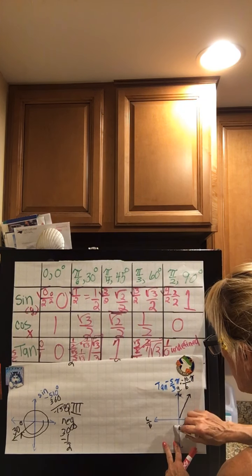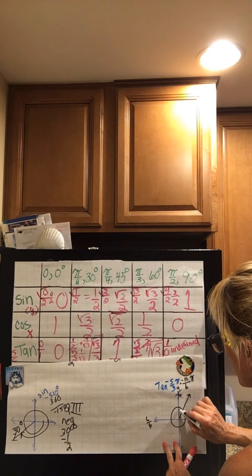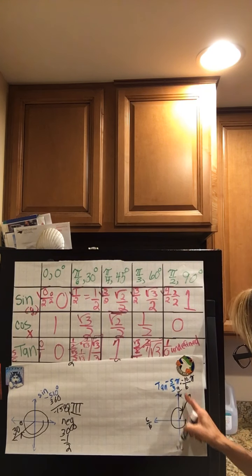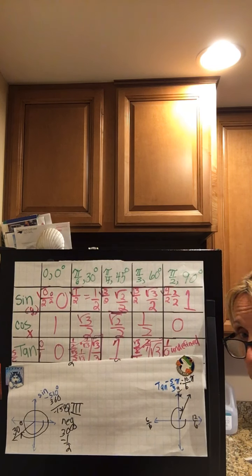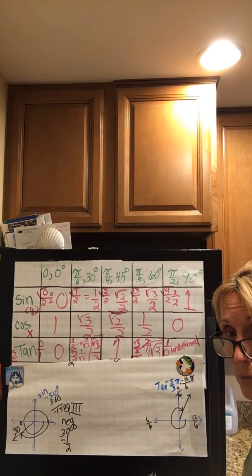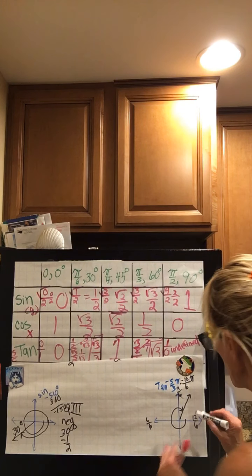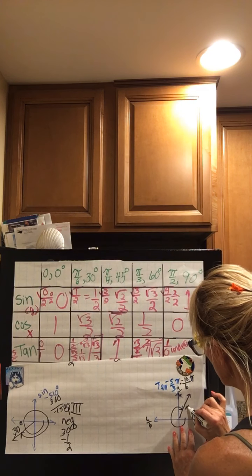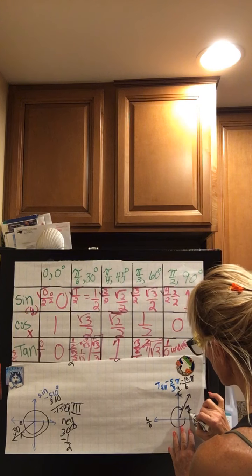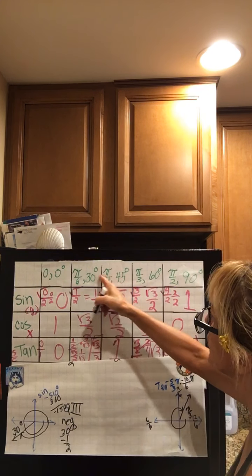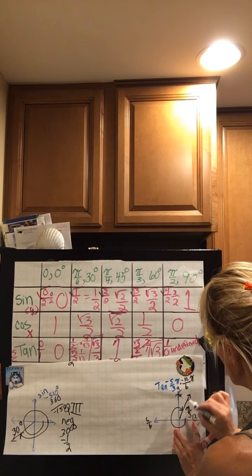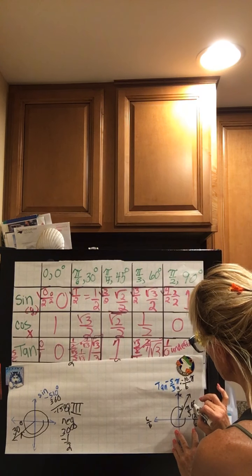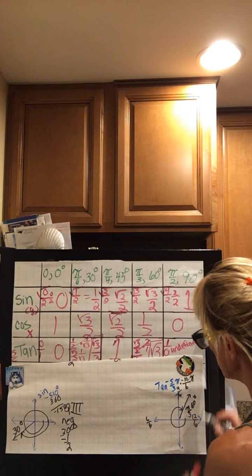So I'm going to go clockwise. So if that's 10 sixths, I got 2 sixths more to go. Well, 2 sixths reduces to 1/3. So my reference angle is pi over 3. And pi over 3 is 60 degrees if you change it to degrees. So this is pi over 3, or 60 degrees.